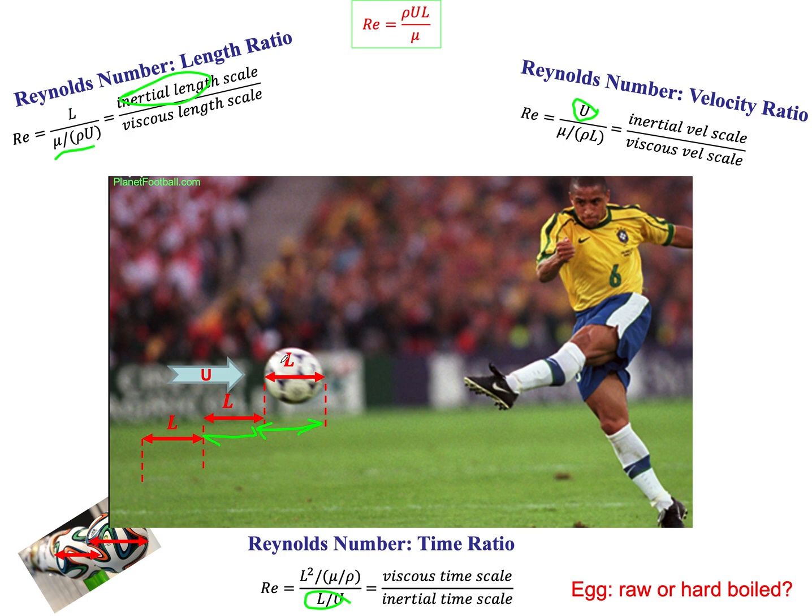One way of thinking about this is, let's look at this ball as it travels through the air, or you can look at the air particles as they come past the ball. The no-slip condition requires that the air particle that's sitting on the ball will have the same velocity as the ball.